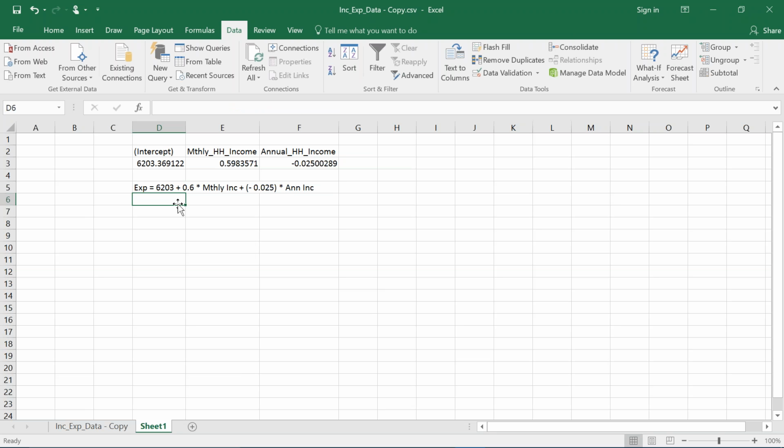Okay, this is what the equation is. Let us build this model with only one variable, which is monthly income.